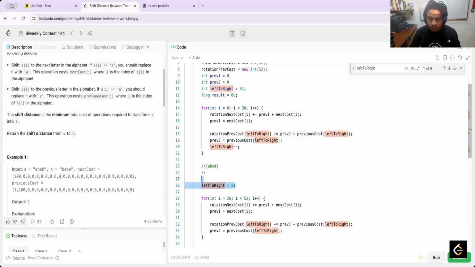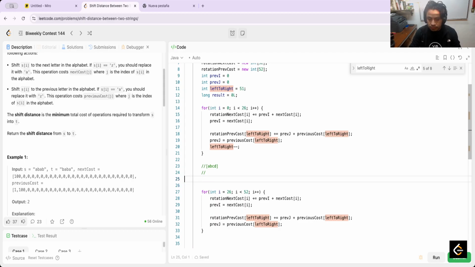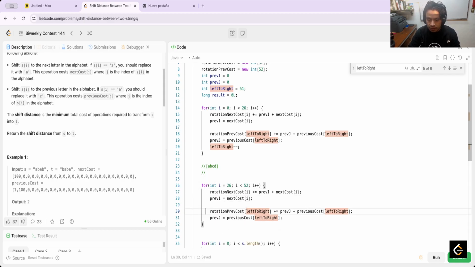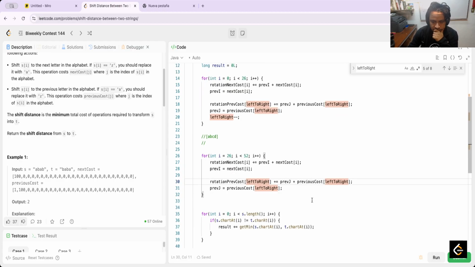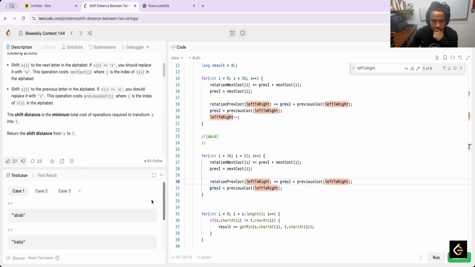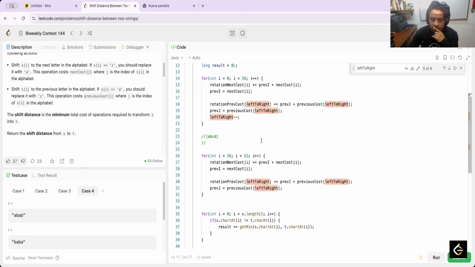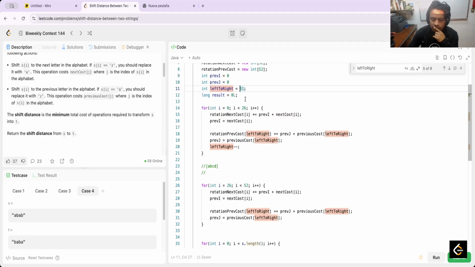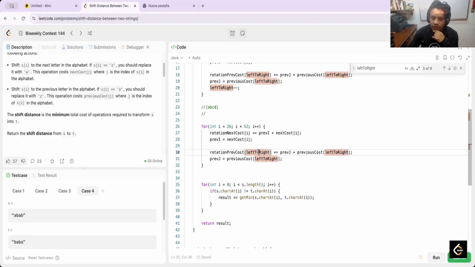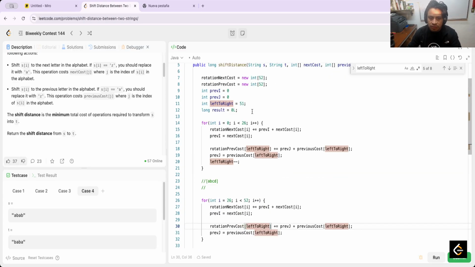Now here, yeah, I think that it's only that. Because in this case start in this position and do the operation until reach the 25 index, and now here continue. Oh, sorry, it's here. This should continue here.